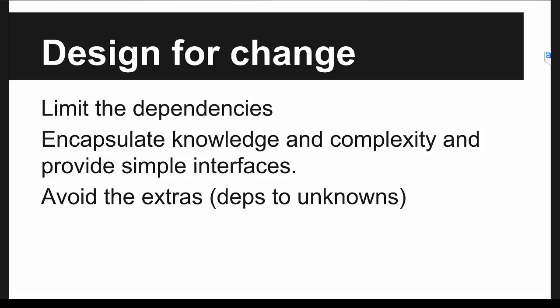But really, there are other qualities that I've talked about during the other lectures. Like we have dependencies, like a dependency to a database. And we want to limit that dependency so it does not infect the entire code. If I exchange that database for another type of database, I don't want that to affect the entire code. So I have a data access layer class that makes sure to encapsulate that dependency. We also have these interfaces that encapsulate knowledge and complexity.